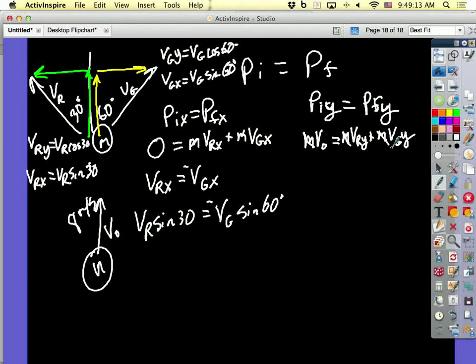So we cancel our m's, right? And so we have V0 is equal to VRY, which is going to be VR cos 30, plus VGY, which is going to be VG cosine 60.